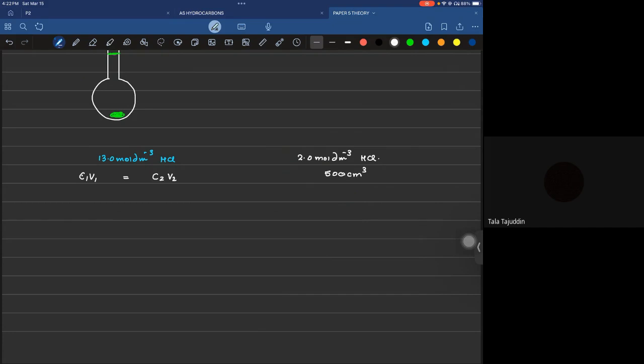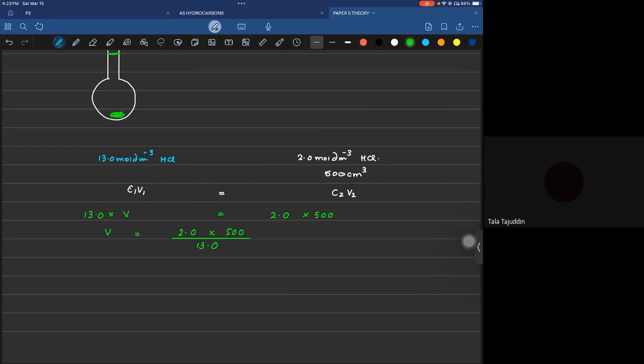So I need the volume of 13 mole per dm cube concentration to make up 500 centimeter cube of solution having the concentration of 2.0. So the volume would be equal to 2 into 500 divided by 13.0.